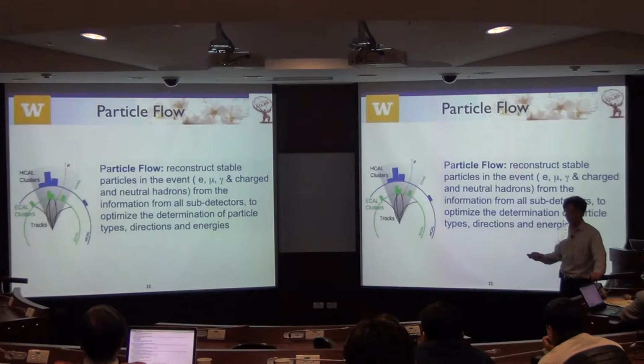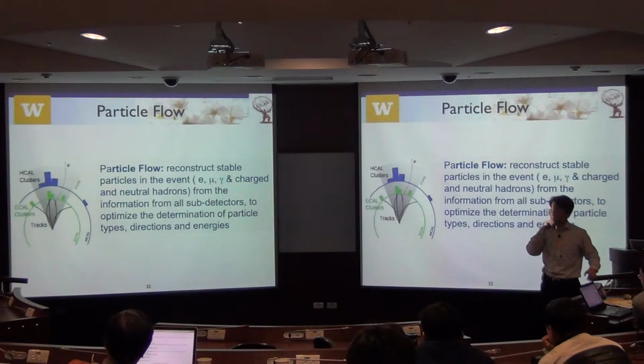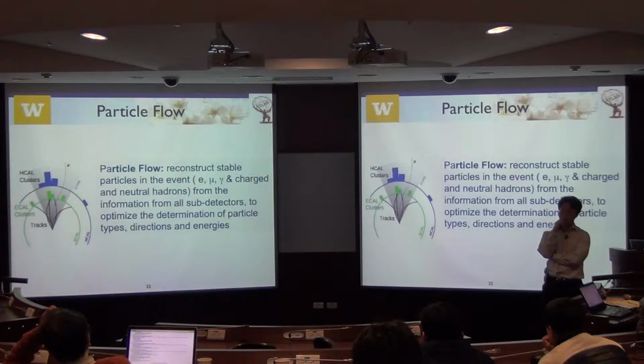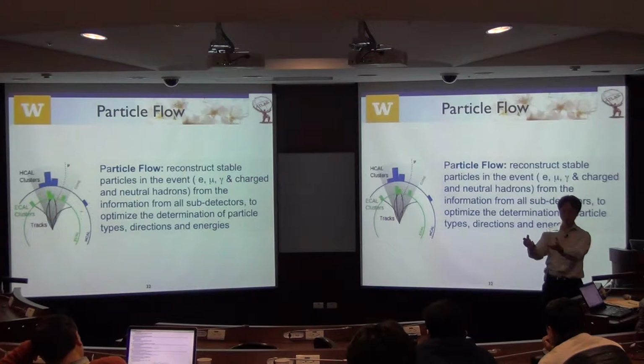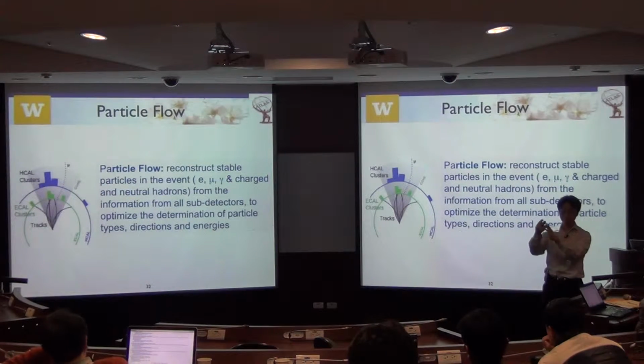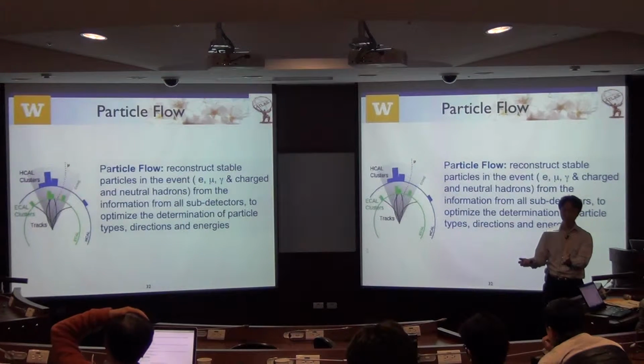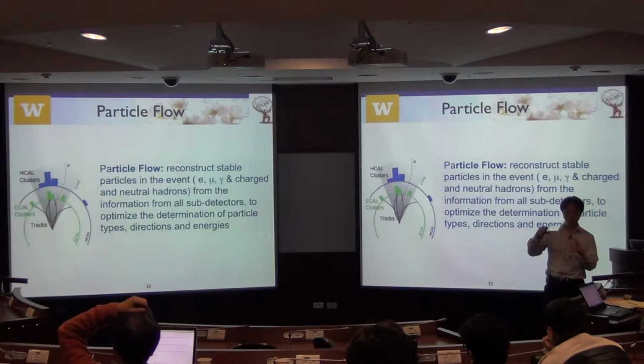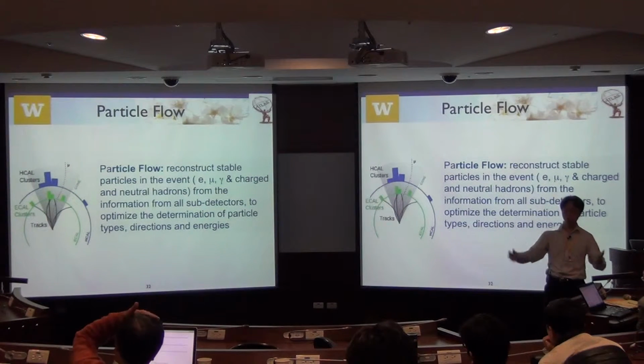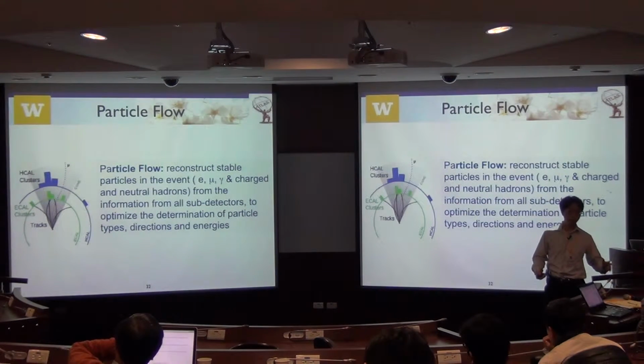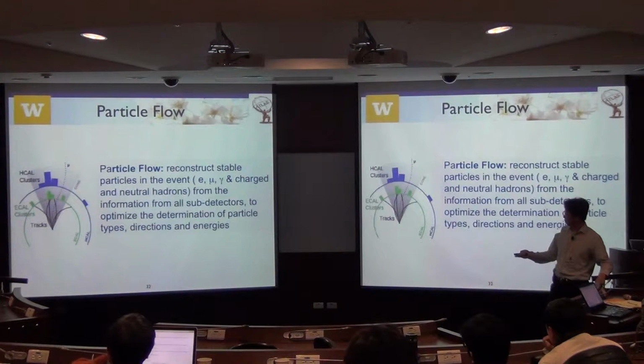CMS has an algorithm which can take into account the response of the charged track component of a jet and the neutral component of the jet in the calorimeter, and how to compensate one from the other and get the best distribution of the jet. This kind of combined usage of full detector information still needs to be developed in ATLAS. Yeah, so James did a very wonderful job here.